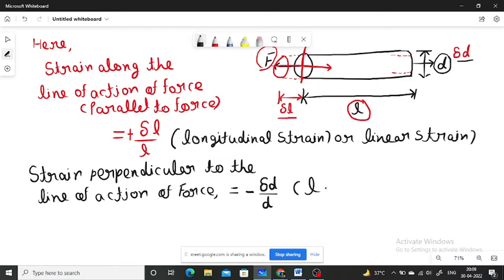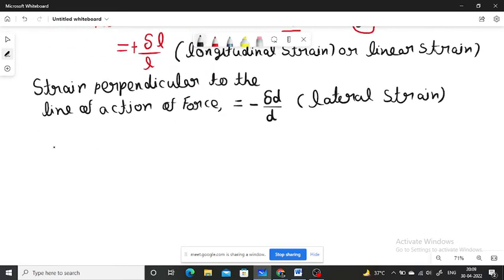And this strain is known as lateral strain. The strain along the line of action of the force or parallel to the line of action of the force is known as longitudinal or linear strain, and the strain perpendicular to the line of action of the force is known as lateral strain.